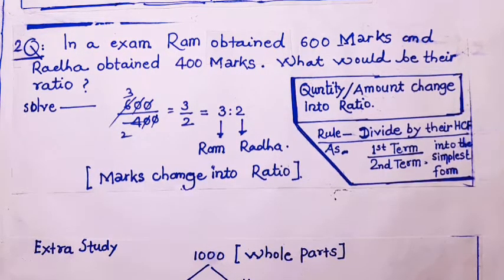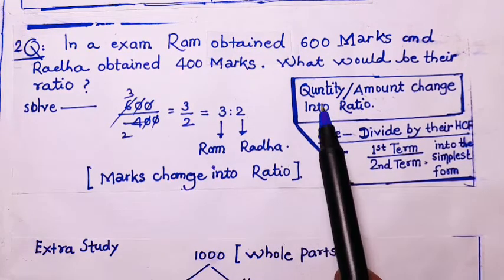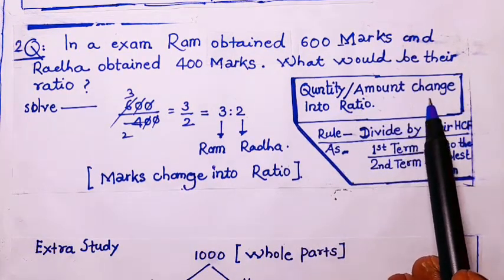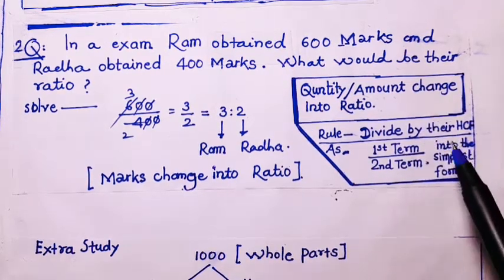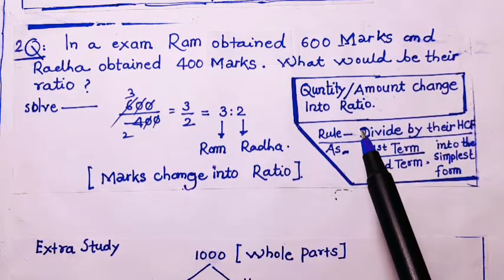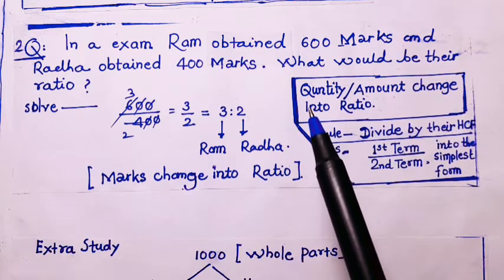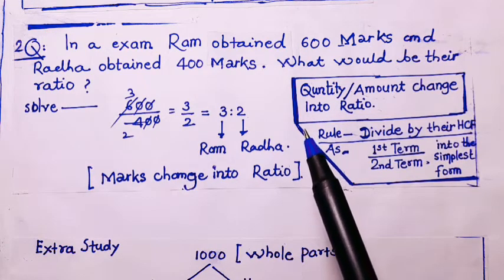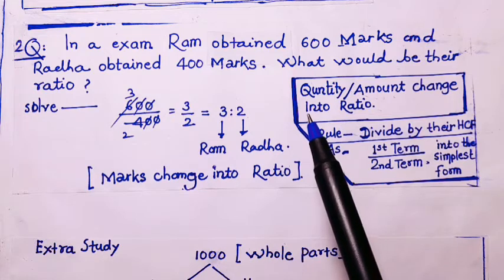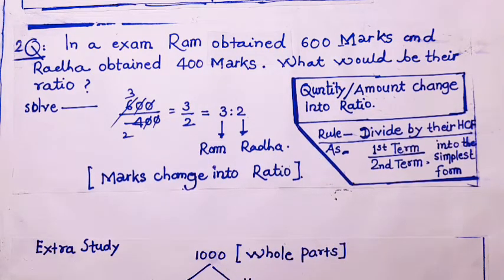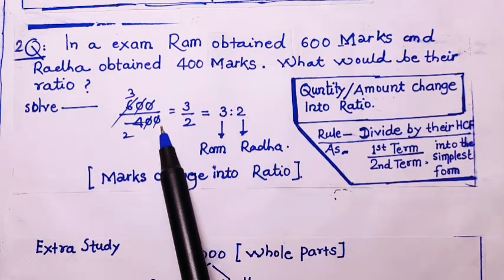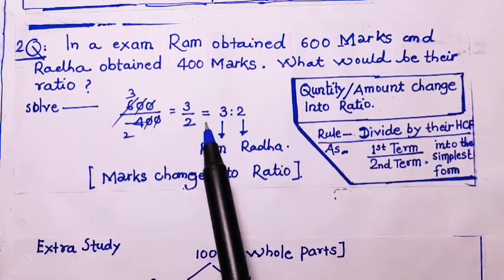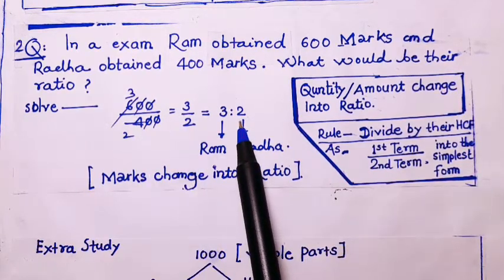In these questions we have to change the quantity, amount, into ratio. In the first question we changed the ratio into amount, but in these questions we have to change the amount into the ratio.